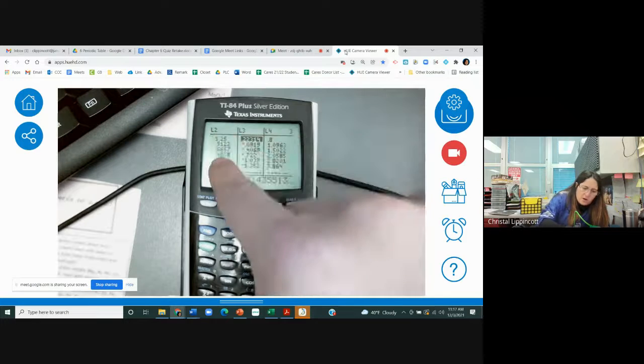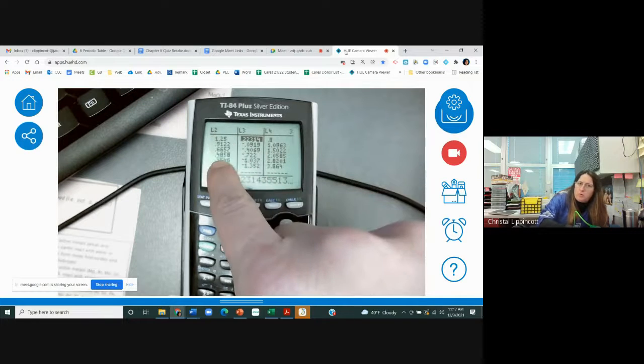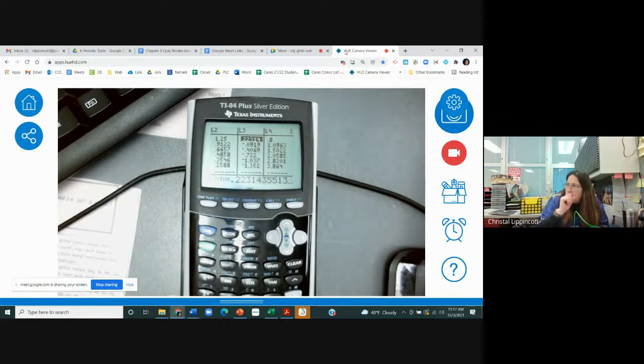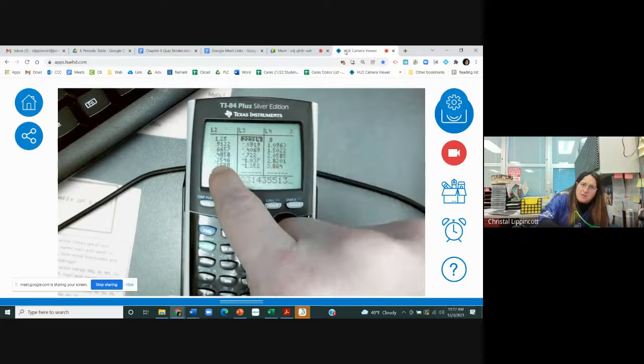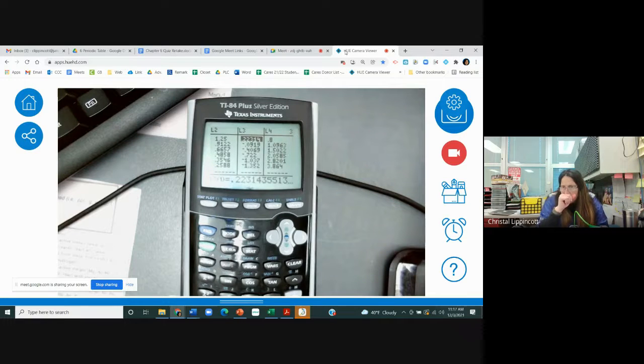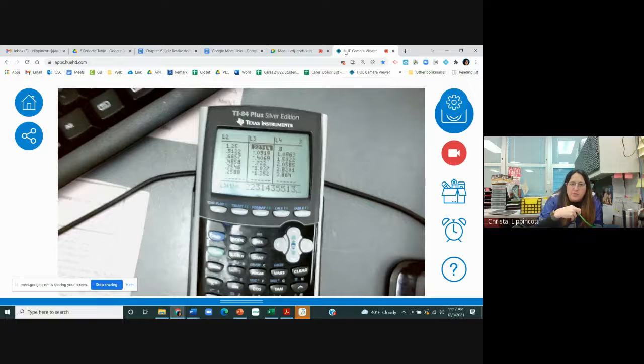L4 is 1 over, or the reciprocal, of this.